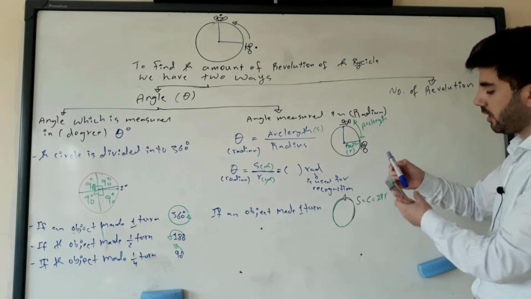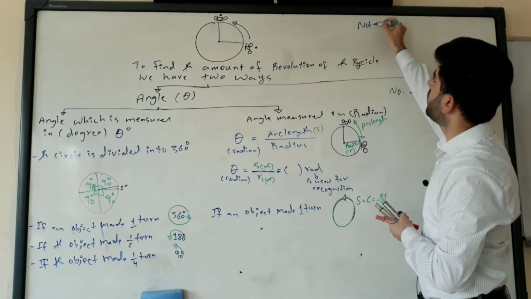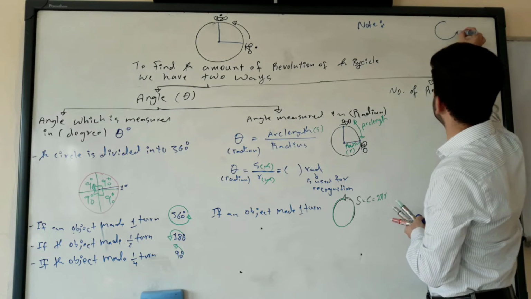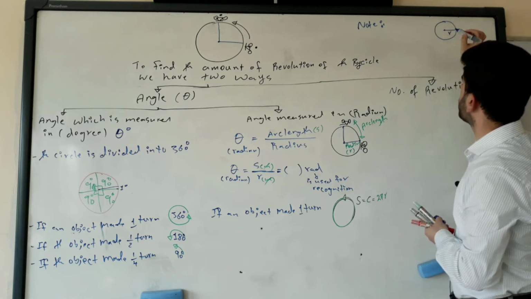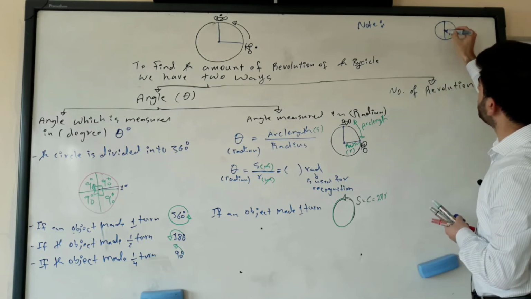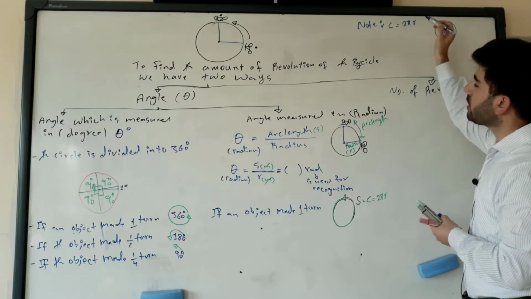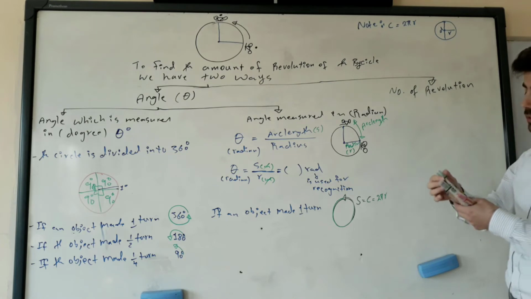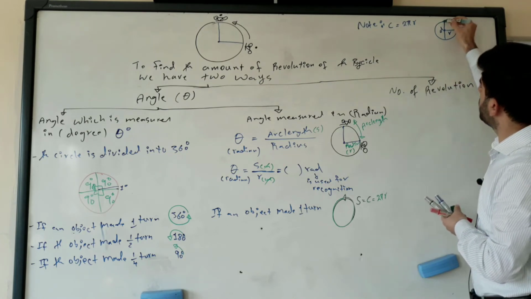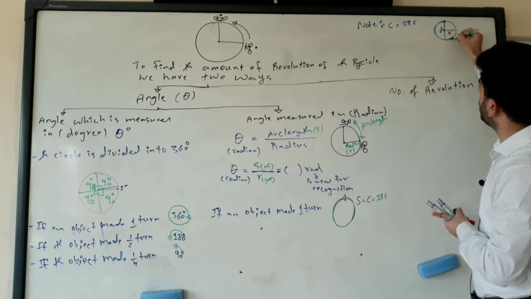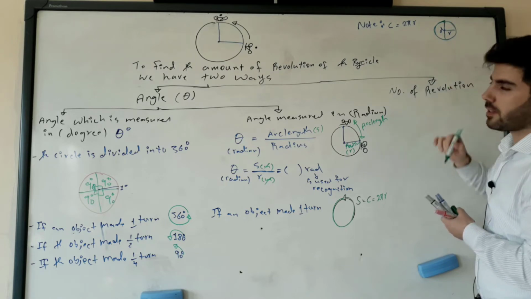And this is a quick note for you guys. Note, if we have a circle, this is the radius of the circle, okay? And this is the diameter. The circumference is equal to 2 pi r. What's circumference? Circumference is the distance, the length of the circle.